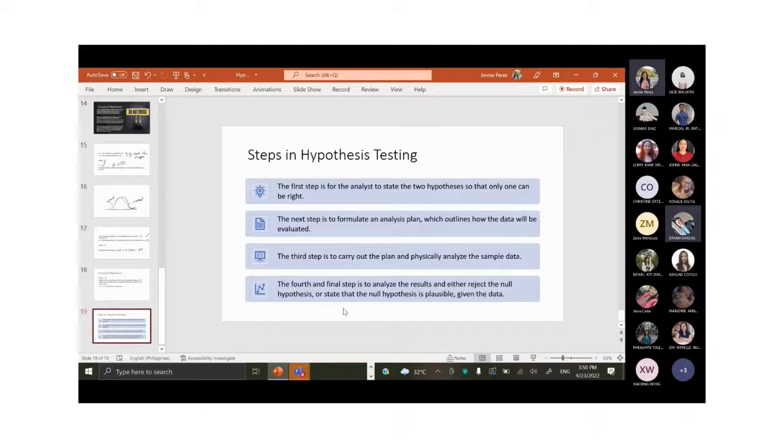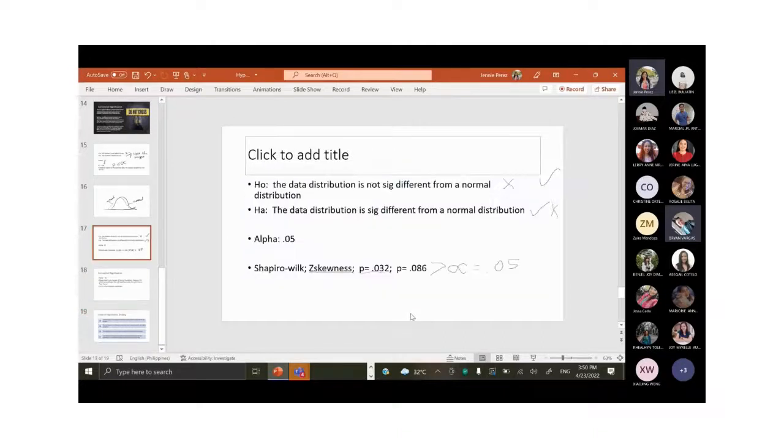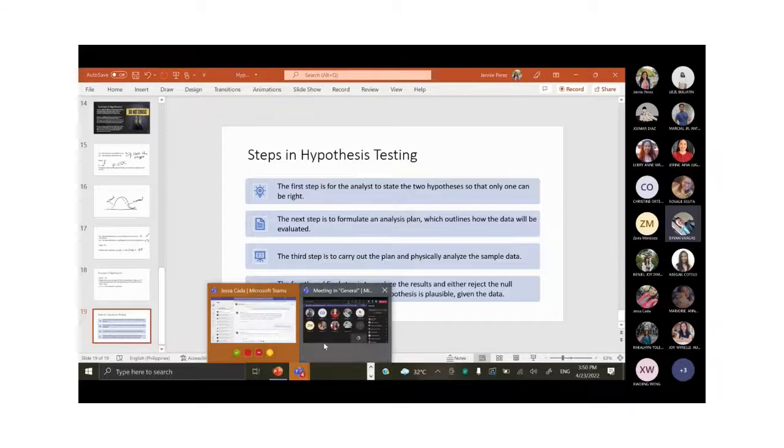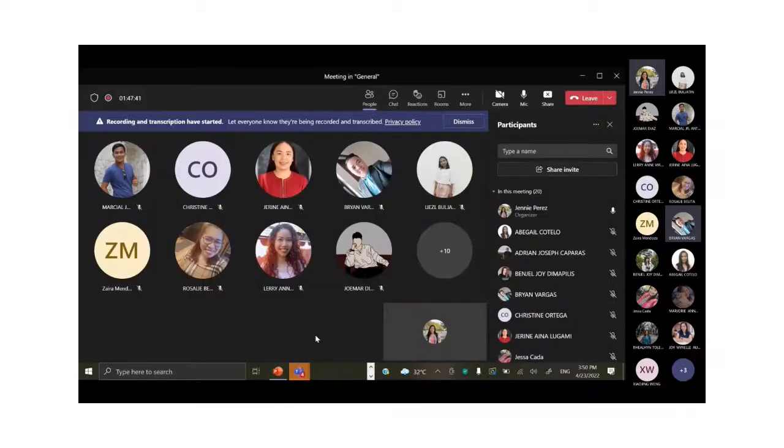And the fourth and final step in hypothesis testing is to make decision on your hypothesis, whether to reject or to accept your null hypothesis, given your data. Okay, so that's it. That is hypothesis testing. Do you have any question on this topic, guys?